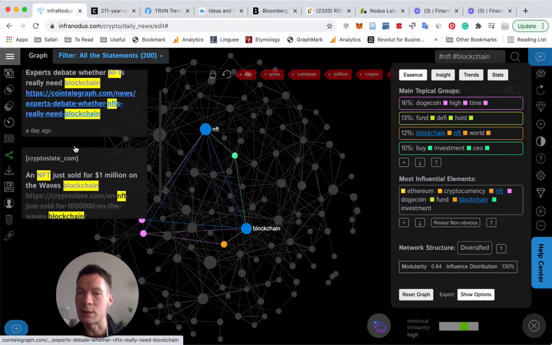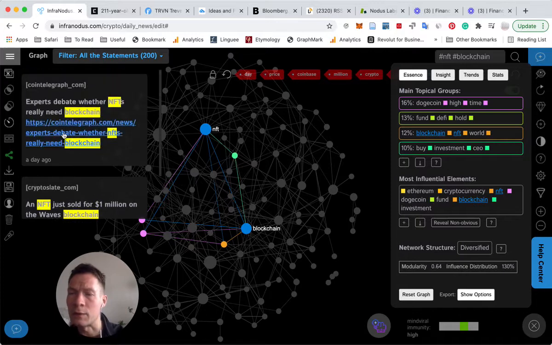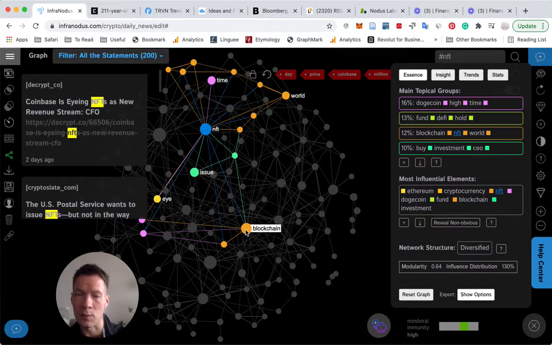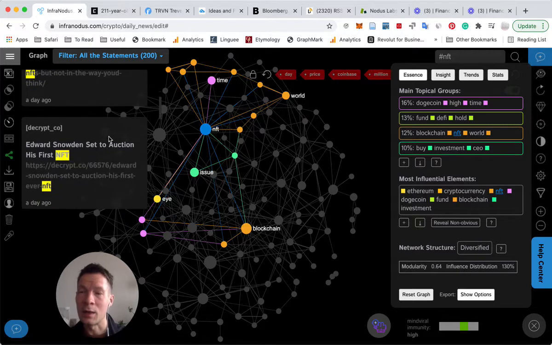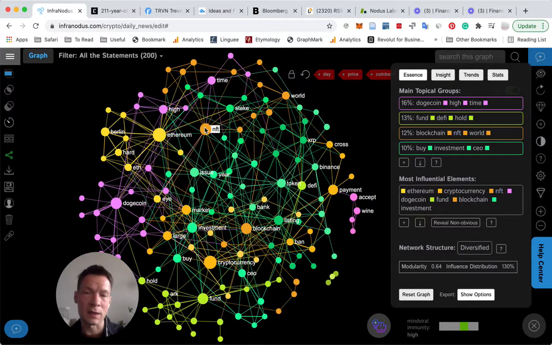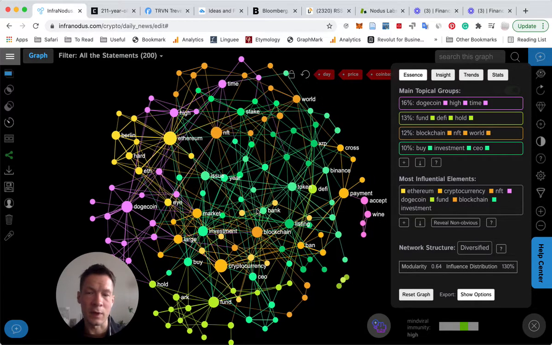NFTs are still trending, and we see that there are some more topics on that subject as well. Even the US Postal Service wants to issue them now, but in some different way. Edward Snowden set to auction his first NFT. So you see that NFTs are quite trending, and that means that there will be an influx of attention to crypto. So this is how you would use the graph to analyze information.